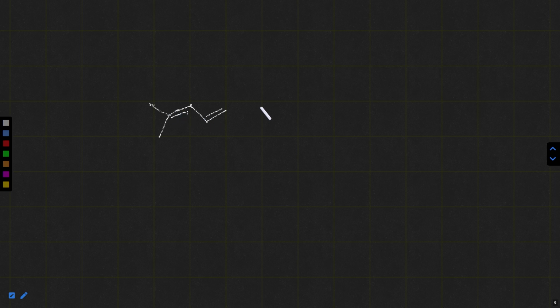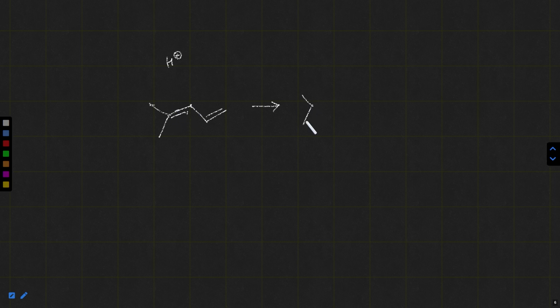So your H will go here. How am I doing this? Because this H plus that is being added is looking for electrons, it acts as an electrophile, and the double bond is electron rich. The more electron rich bond will react first, because this H plus is looking for electrons. So more electron rich is this one, so I have substituted H here.